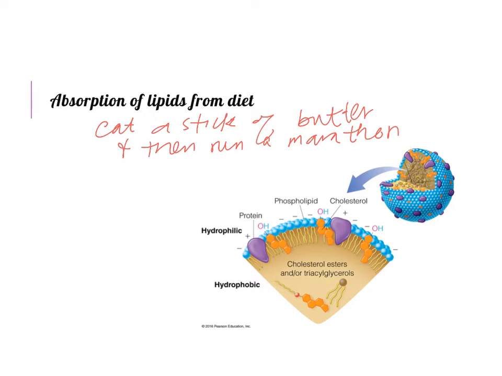So the first thing that happens is you eat the butter, and it's mostly TAG, the triacylglycerol, and that crosses through the intestinal mucosa. And in order to be transported or to get where it needs to go, because it's not soluble in the blood, it has to be packaged.